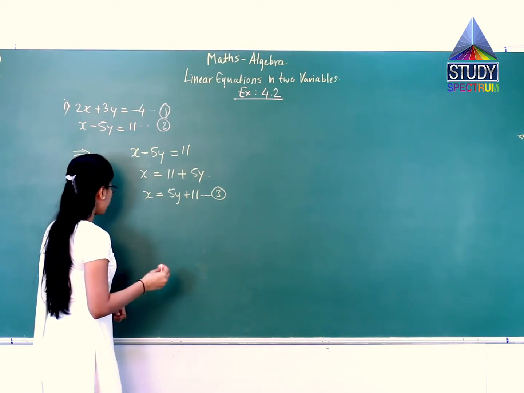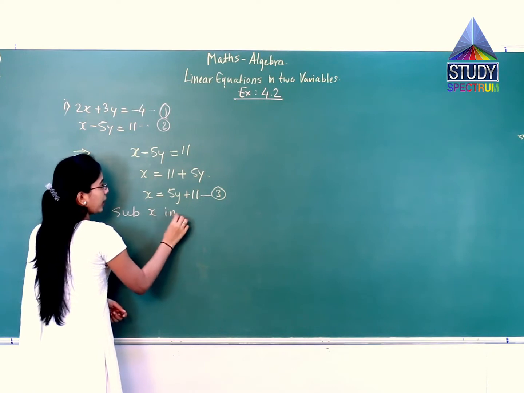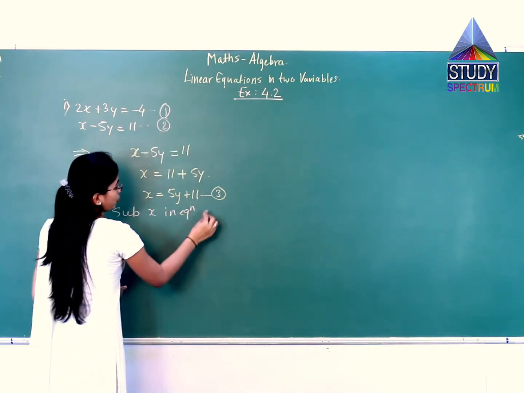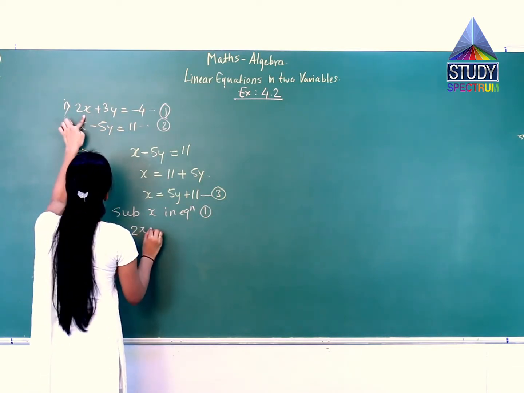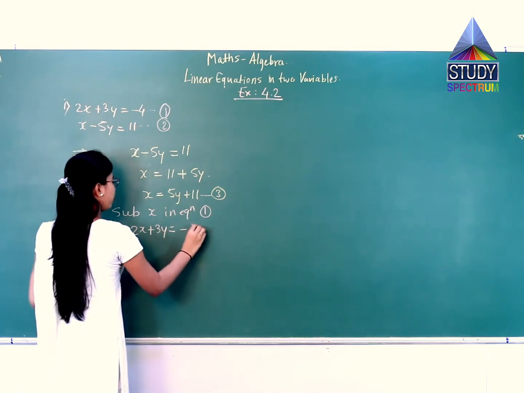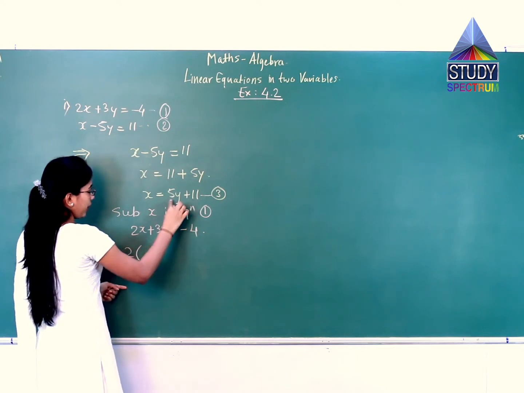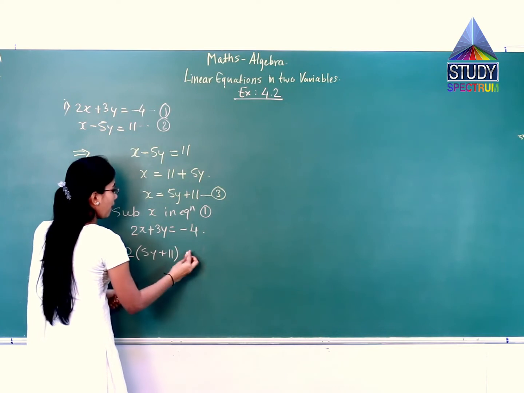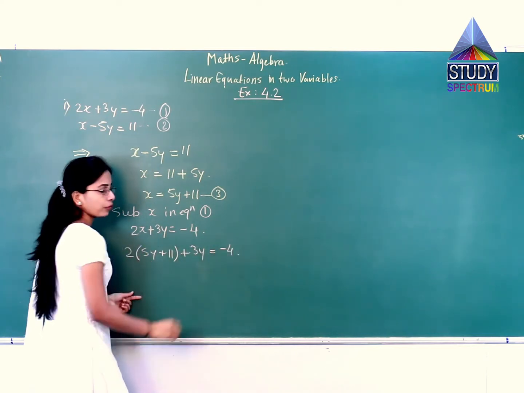So I will write substituting x in equation number 1. So rewrite equation number 1, it is 2x plus 3y is equal to minus 4. So 2 instead of x, 5y plus 11, plus 3y is equal to minus 4.